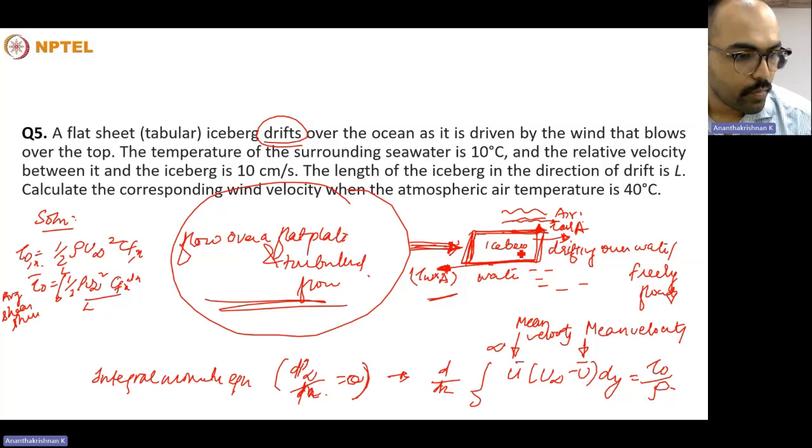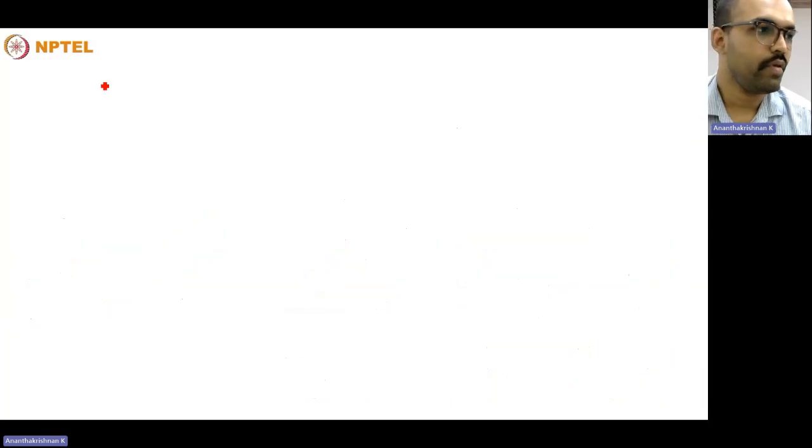So it's a straightforward problem. What we try to do is that we have got this one equation. We actually need the value of tau 0 by rho, but we do not know the u bar velocities. Then we use a velocity profile. In this case, it's a 1/7 power law.